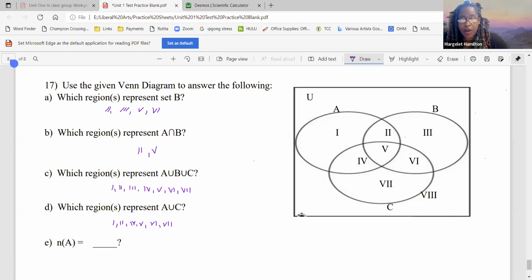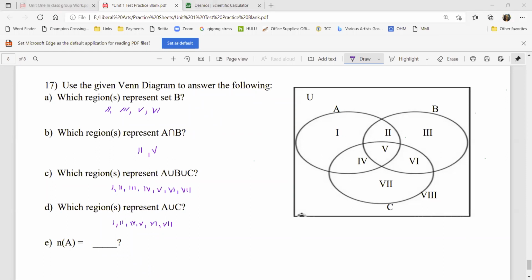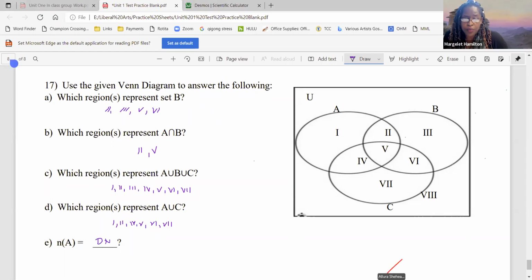Okay. All right. Now the cardinality of A. D and E. Okay. Why? Because you cannot determine the cardinality. We don't know anything about the cardinality of regions.